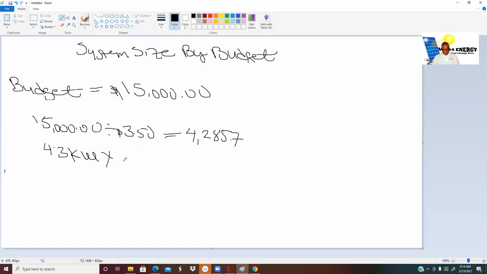4.3 kilowatts multiplied by 1,413, the location's kilowatt hours per year. So this is 4.3 times 1,413, equals 6,007.59.